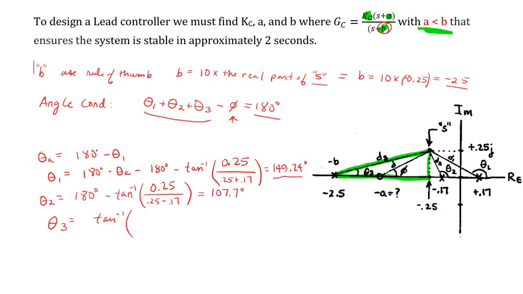The opposite side is 0.25, same as the others. And it's this distance right here, which is 2.5 minus this short distance here. So it's going to be 2.5 minus 0.25. And that theta 3 should be a pretty small angle. And it turns out it's 6.34 degrees.